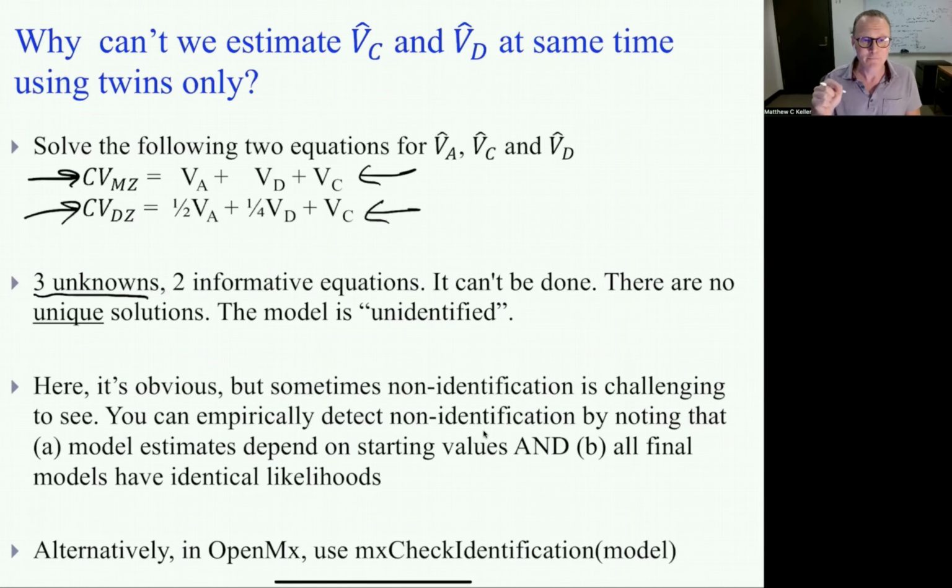And B, that each of the final models you fit, each having different start values and different estimates, have identical -2 log likelihoods. If that happens, and the final estimates depend on the start values, that is a symptom of non-identification. That's called checking non-identification empirically.